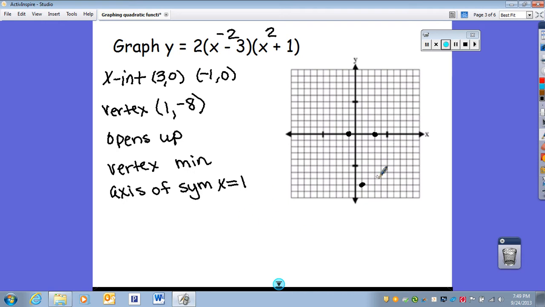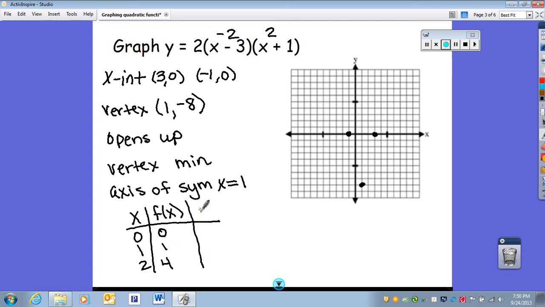We could make a table to find a couple of other points, or again, we can use our parent function to find other points. So if we make our table, we have our x and our f of x. Remembering we have our 0, 1, 2, 0 squared is 0, 1 squared is 1, and 2 squared is 4.